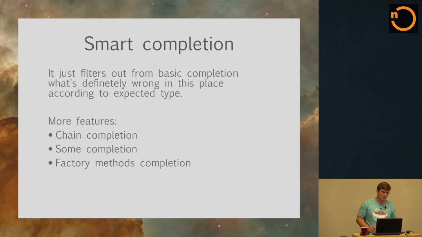You can invoke second smart completion and choose the right one. I also use it sometimes for information, just to check whether some symbol like project is available in a chain. So we can discover such things.